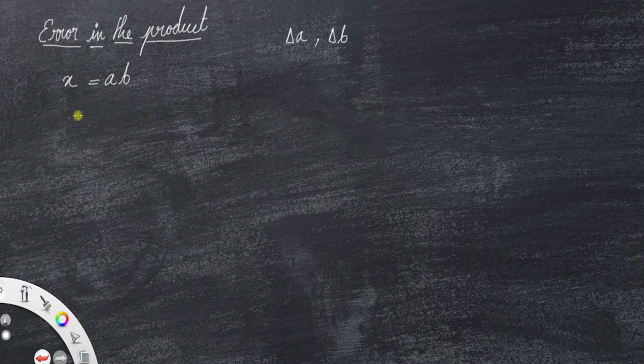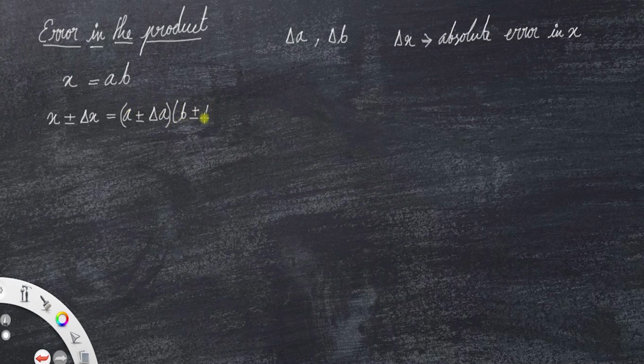Let's assume delta x is the absolute error in the variable x. Writing this variable along with the absolute error, we can write x plus or minus delta x is equal to a plus or minus delta a times b plus or minus delta b.